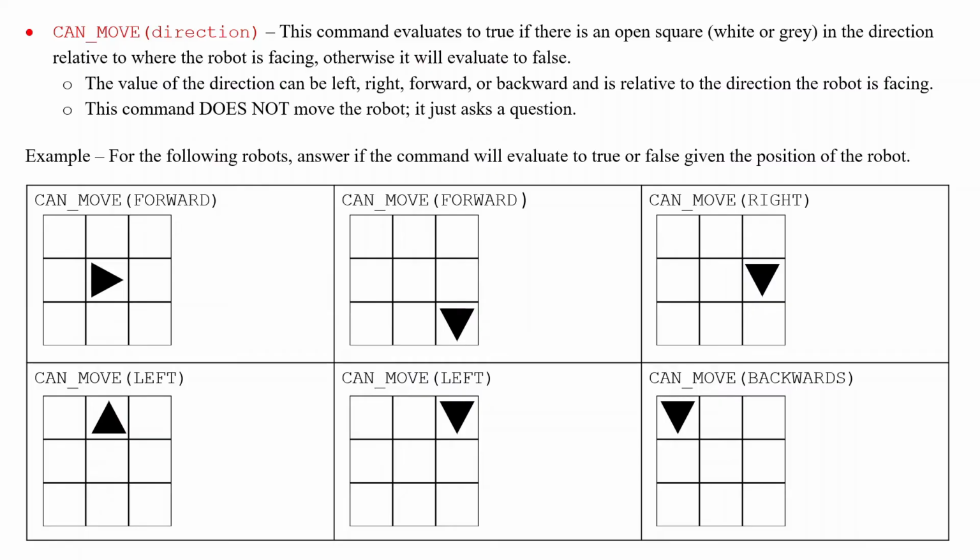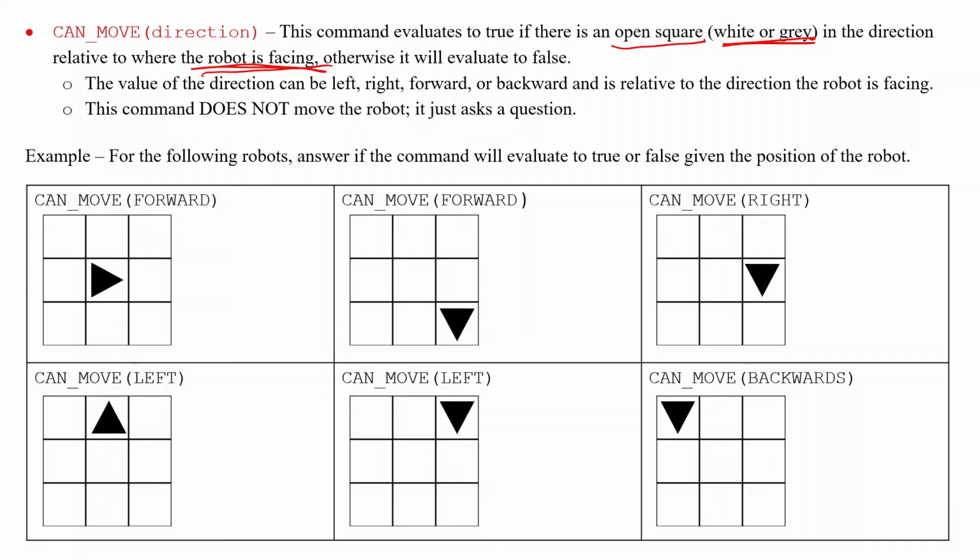In parentheses, it's going to have a direction, whether that's forward, left, right, or sometimes backwards. If it can move in that direction, in other words, if there's an open square, which means a white or a gray square, in the direction relative to where the robot is facing, it'll evaluate to true, saying yes, the robot can move in that direction. Otherwise, it'll evaluate to false if it can't.